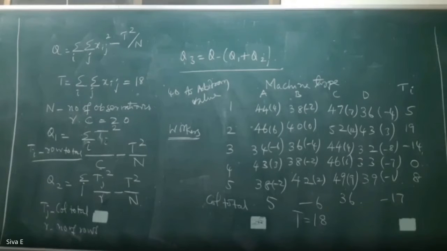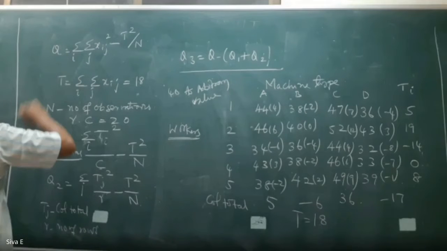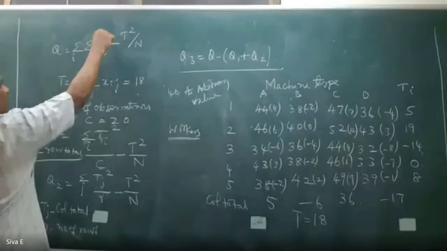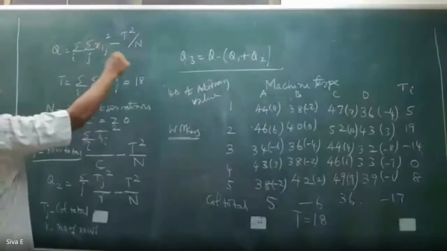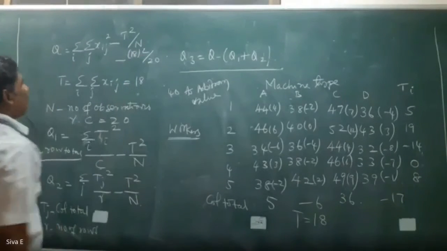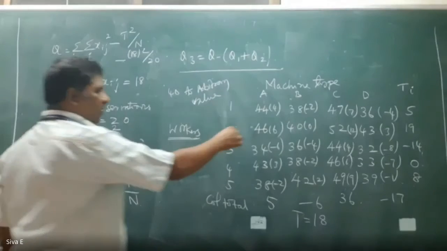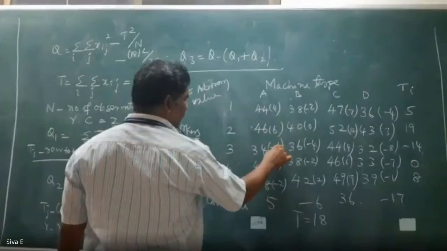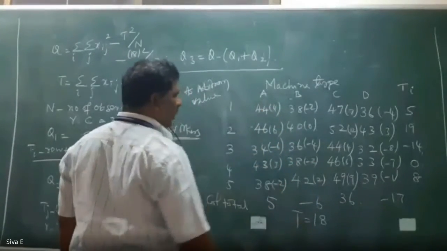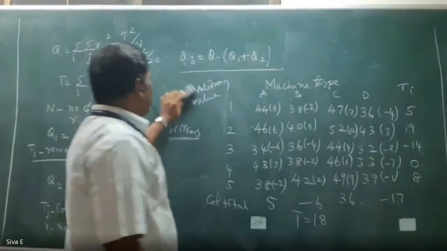Next we have to find the Q value. Write the formula. Q is the summation over i, summation over j of x_ij squared, minus T squared by N. T squared by N we know: 18 squared by 20. But we have to find the summation of x_ij squared, squaring all the values: 4 squared, 6 squared, 6 squared, 3 squared, 2 squared, like that. The 20 values we have to square and add.